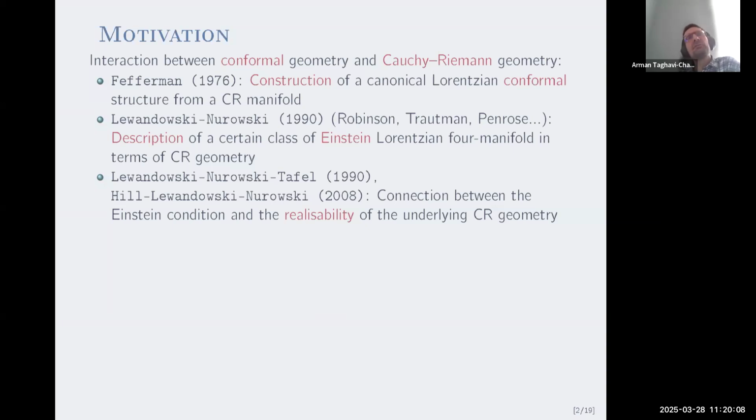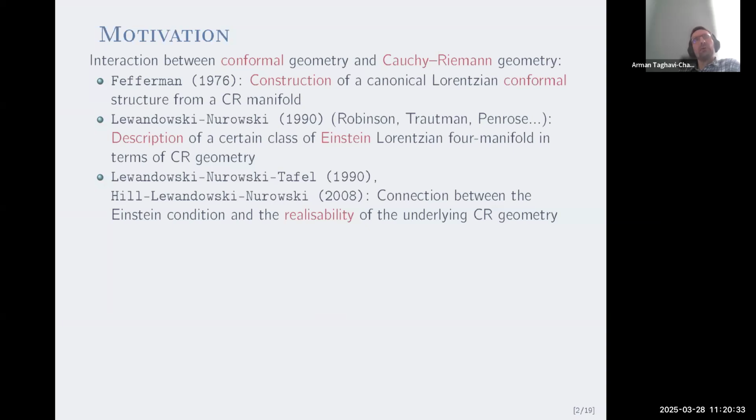These exact solutions to the Einstein field equations are equipped with a so-called congruence of null geodesics that is shear-free, or non-shearing, as I call them. The leaf space of these congruences, these foliations by null curves, turns out to be a CR manifold.